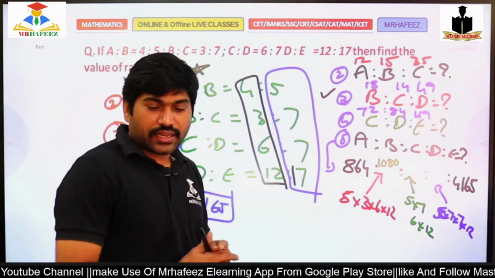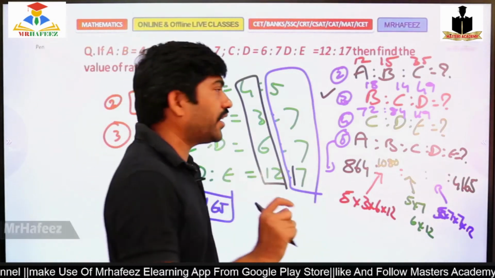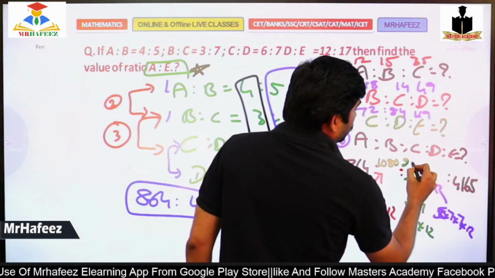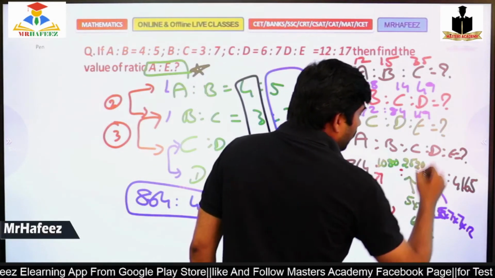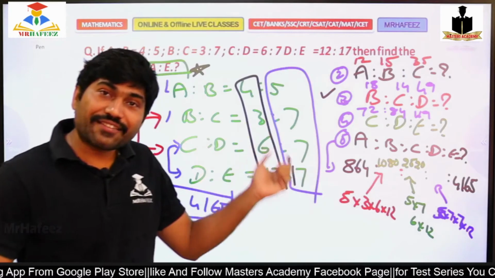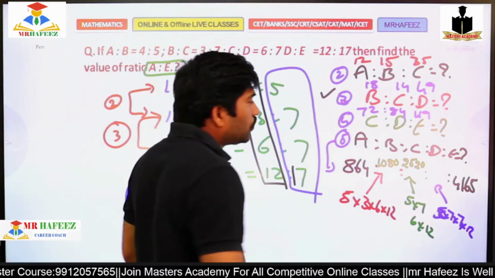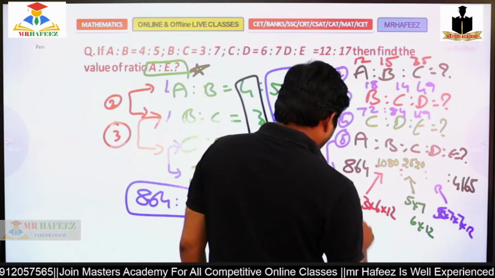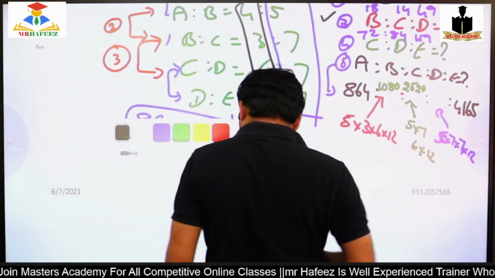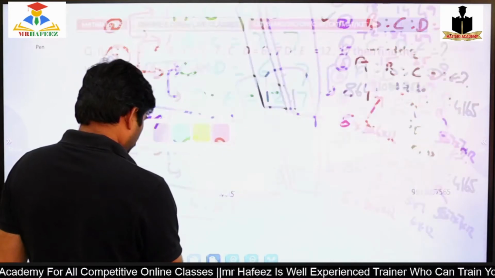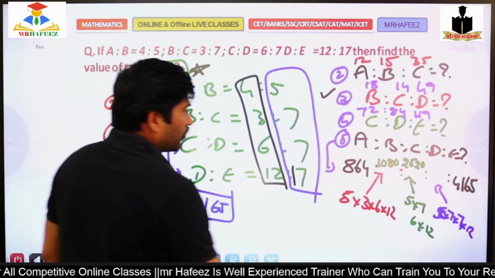So Sadik, Reshma, Yogita, it's 2520. And what about 5 times 7 times 7 times 12? Yeah, Sadik, 2946.